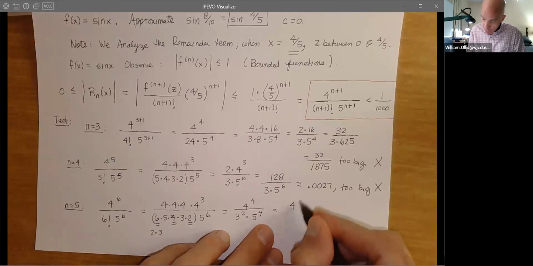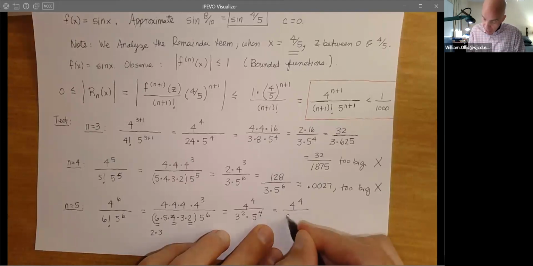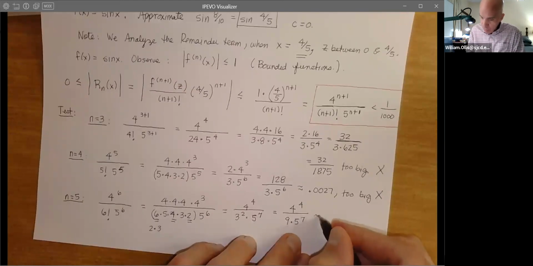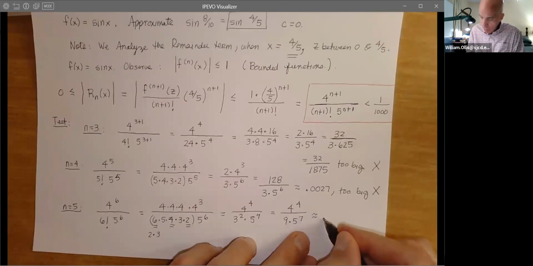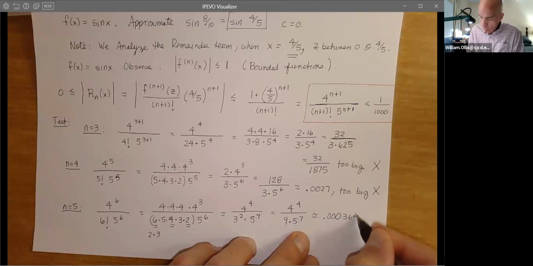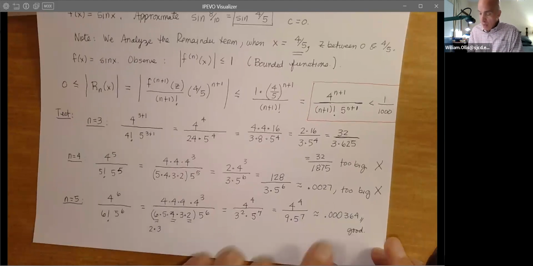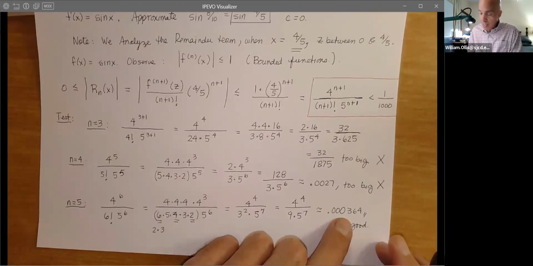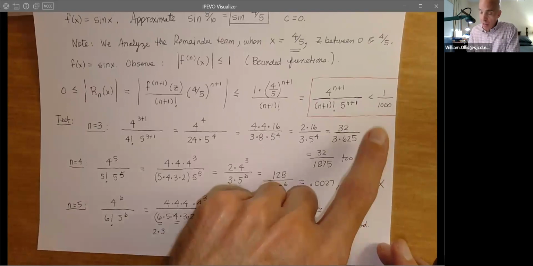So 4 to the 4, 9 times 5 to the 7. And this is approximately, this is good enough, 0.000364. And this is good because this will preserve the 3 decimals. That is, this is smaller than 1 over 1,000.